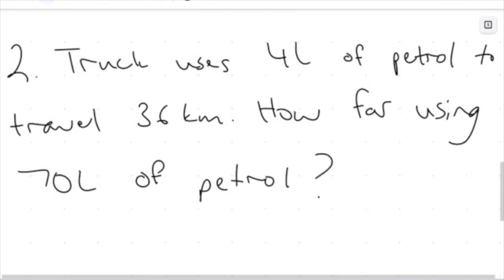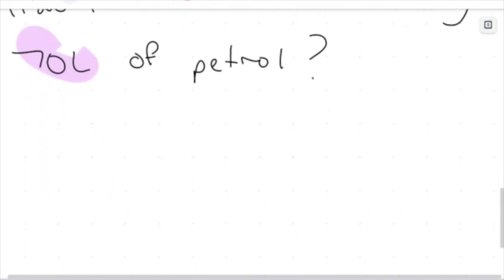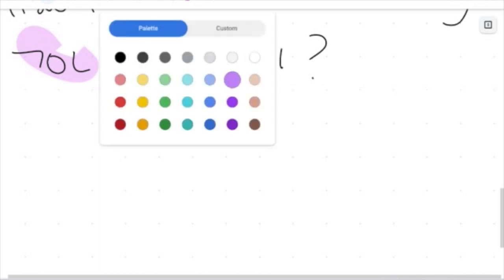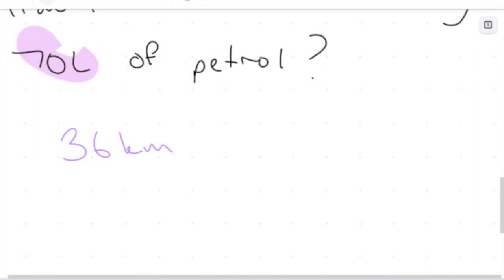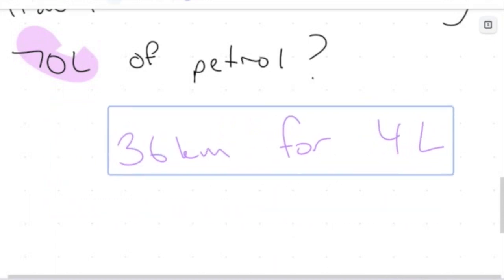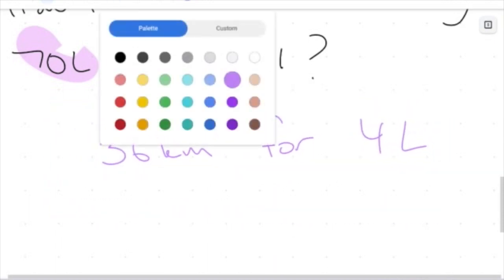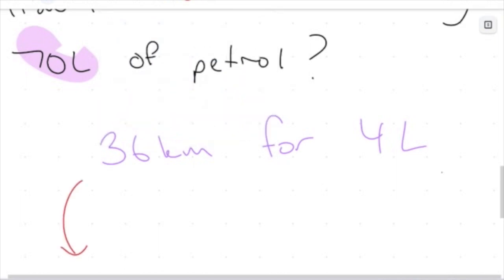And you can see once again, this is a process of getting from 4 liters to 70 liters. And we can always do this using the unitary method. So I'm going to say here that I travel 36 kilometers for 4 liters. Now from here, how much will I travel for 1 liter? Because the number 1 is very useful for getting us to any other number.